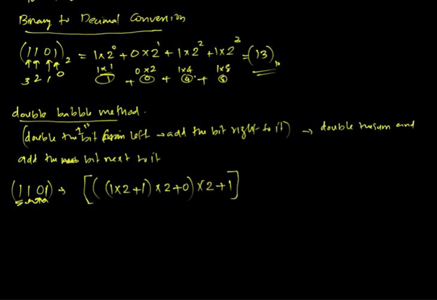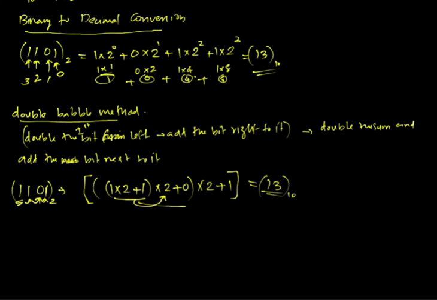So now if we do this calculation, here it is 1 into 2 is 2, 2 plus 1 is 3, 3 into 2 is 6, 6 plus 0 is 6 itself, 6 into 2 is 12, 12 plus 1 is 13. So this method is called the double dabble method. This is a binary number and the corresponding decimal number is this one.